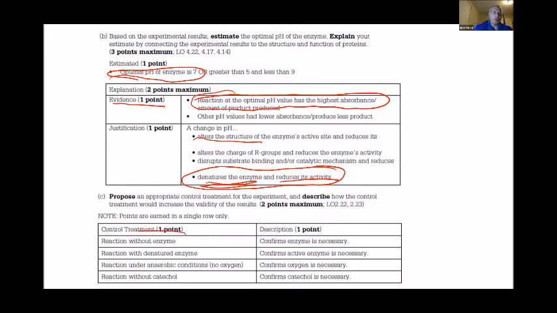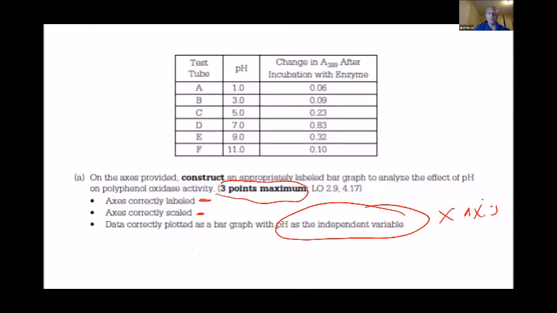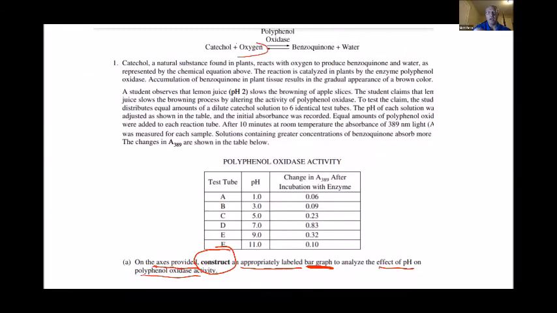It could have been that you ran the experiment without the enzyme. And the description, why that's a good control, is that it shows you that the enzyme is necessary. You could have run it with an enzyme that you know was denatured, that didn't work to begin with. And again, this shows you that you've got to have a working enzyme for the reaction to happen. You could have run it under anaerobic conditions, because if you remember, that formula for the reaction required oxygen.